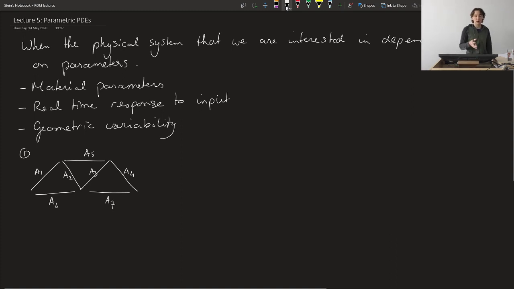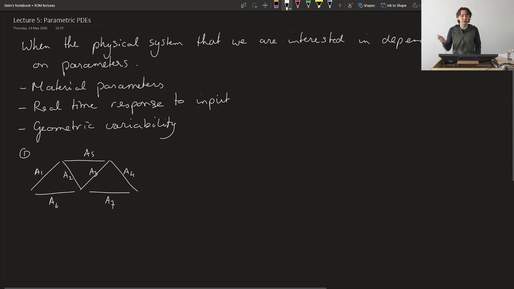So right now our physical system, the bridge, and its response depends on 7 parameters, right? Those are the 7 areas. So this is in a sense a 7-dimensional parametric problem.